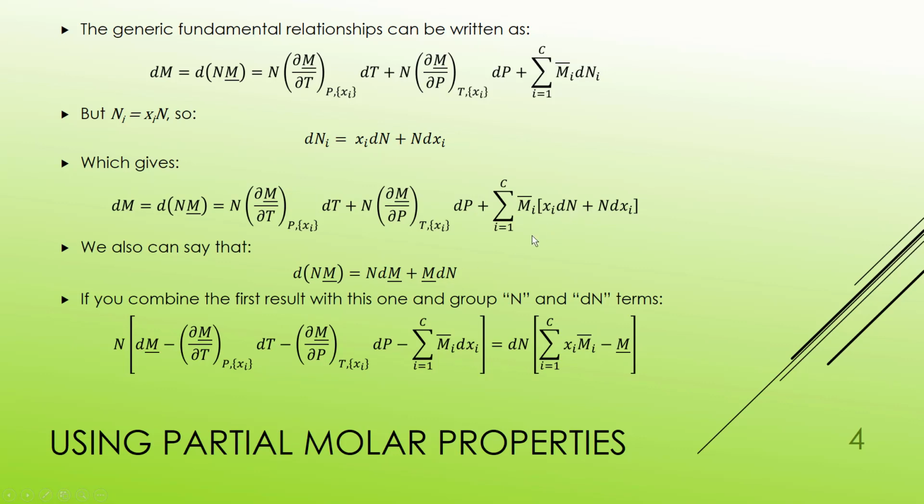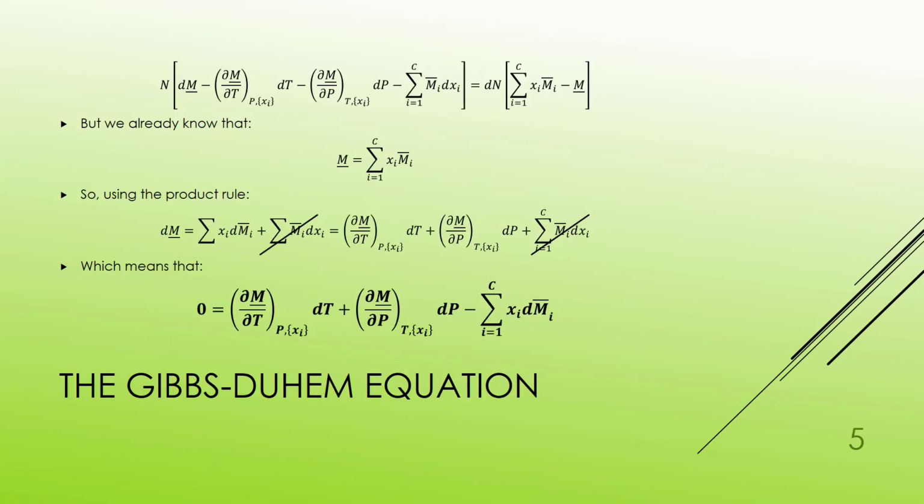I have pieces with dN's everywhere, and I have pieces that are multiplied by N. If I group all the things that had an N multiplied by them, and I group all the things that had a dN, I end up with these expressions here.